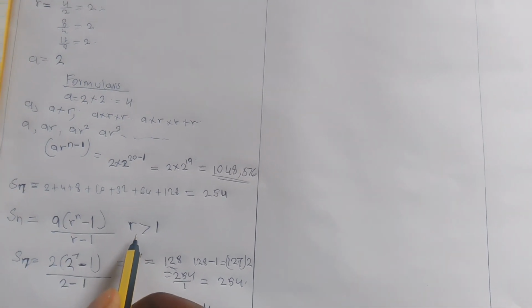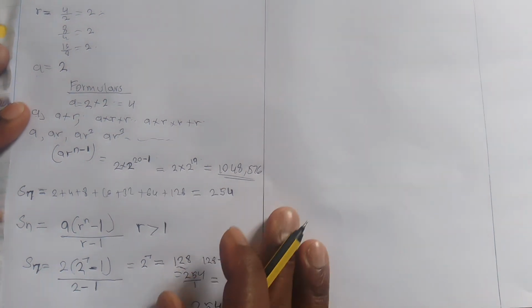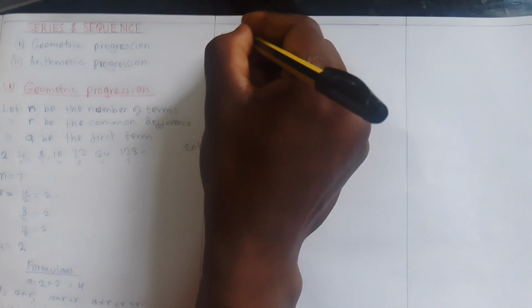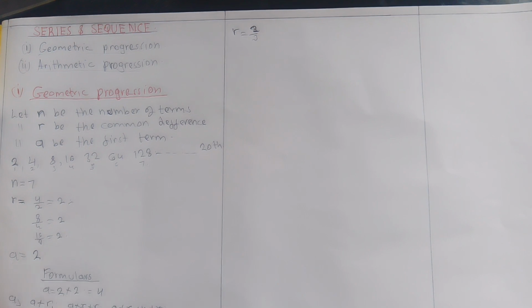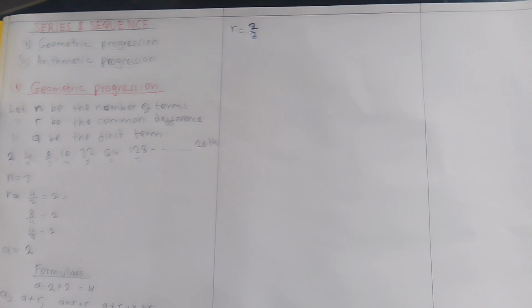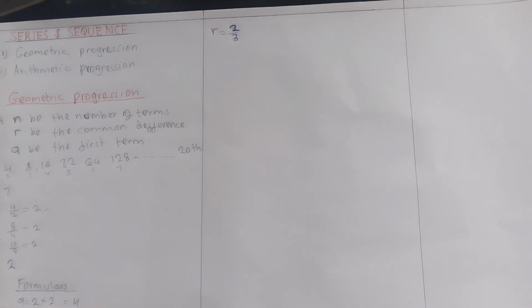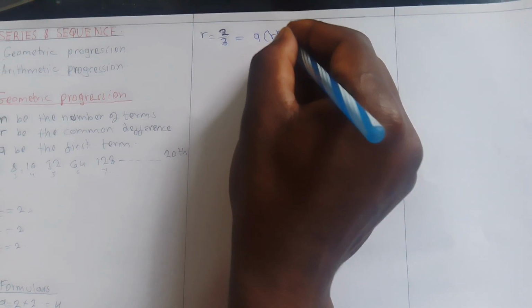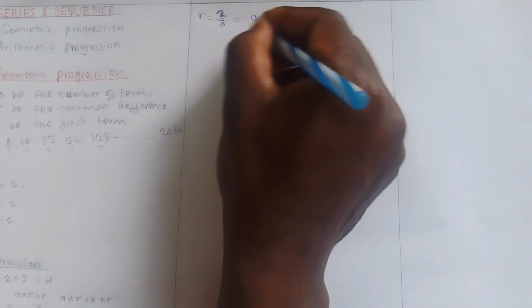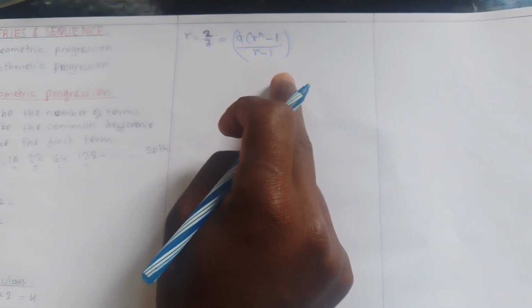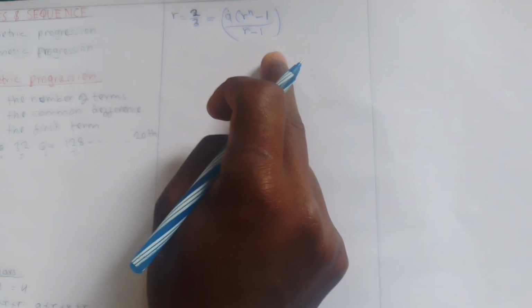But what about when r is less than 1? You can have a common ratio where r perhaps is 2/3. So what about if you have r as 2/3? This one you can't apply this formula of a, r raised to power n minus 1 divided by r minus 1. This one is impossible. But now we shall provide another formula.